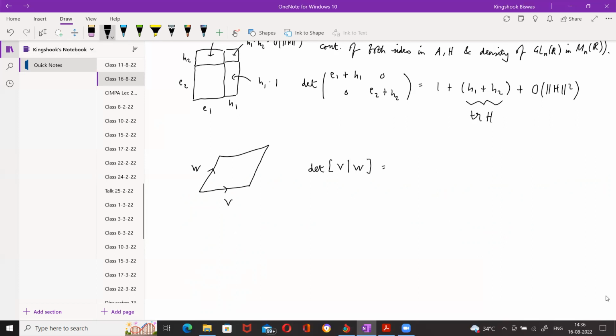This is the signed area of the parallelogram spanned by V, W.